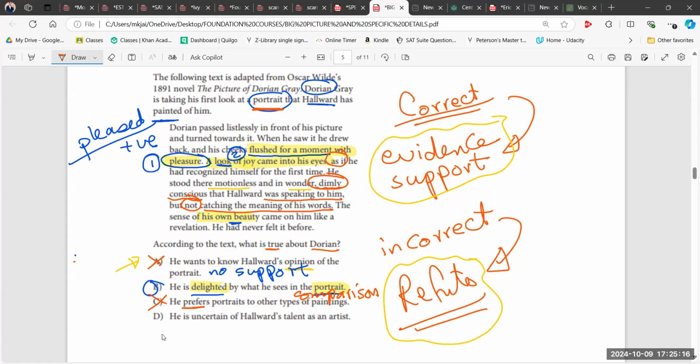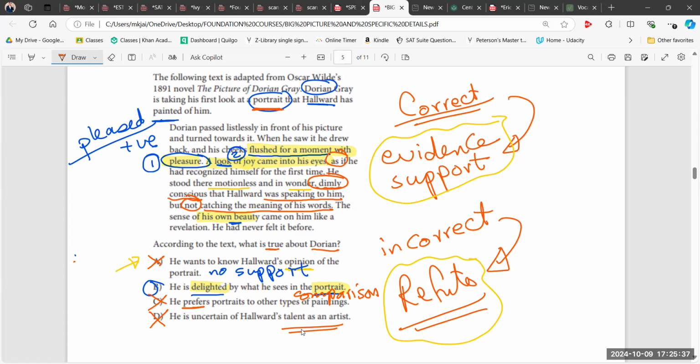That's it. What about D? He is uncertain of Hallward's talent as an artist. You think so? He doubts his art? There's not even a mention of it. No, of course not. On the contrary, he feels happy. He realized his own beauty.